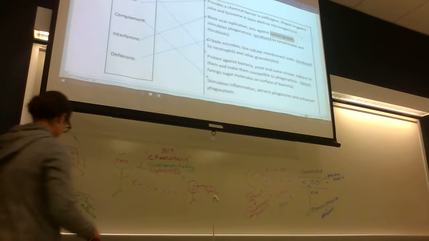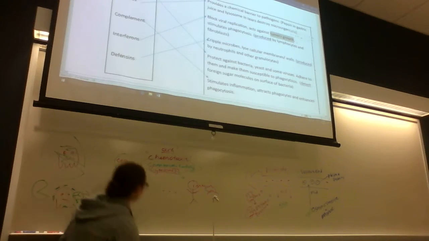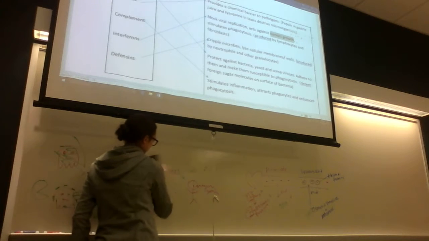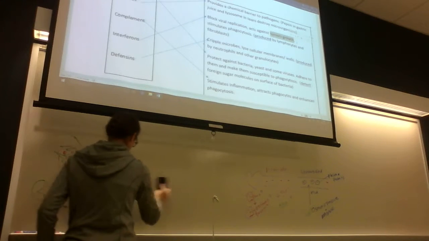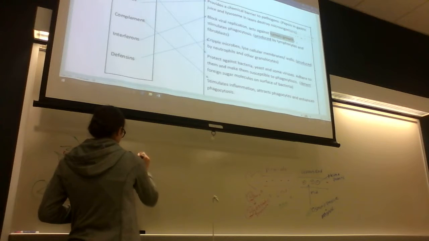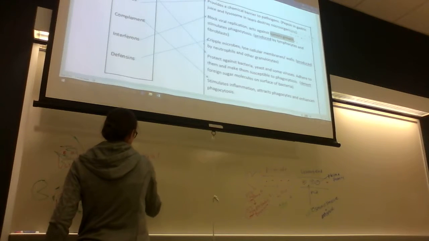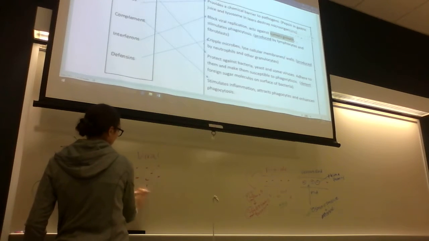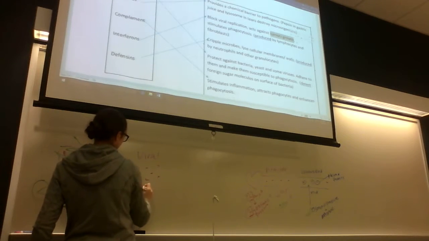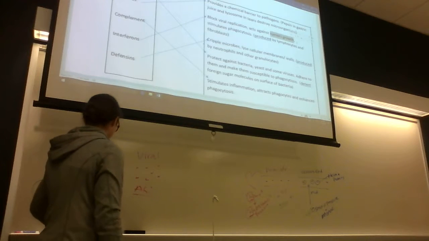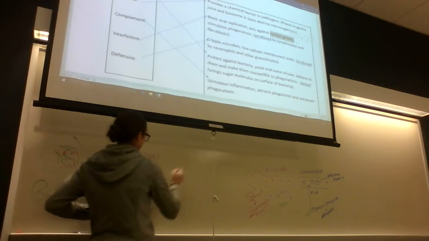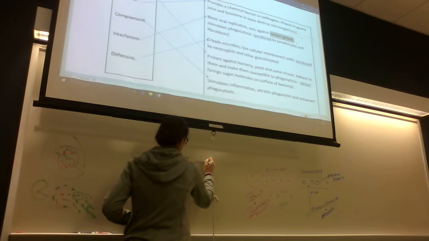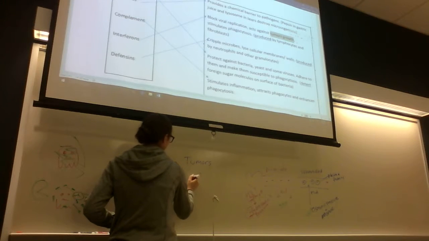So with viral replication, we want to produce a lot, right? Because the more army troops we have, the more we can attack. Tumors are kind of the same thing.